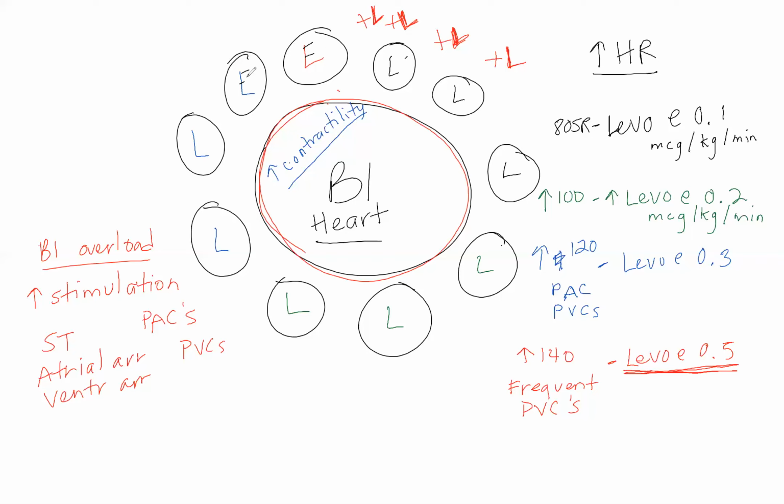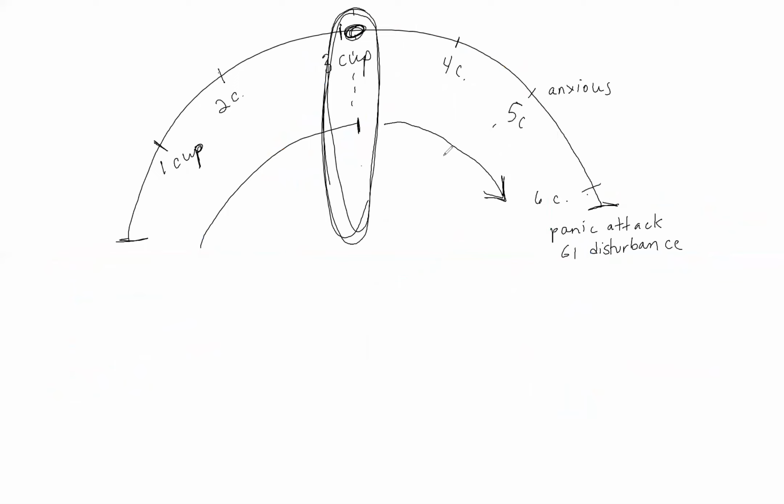The beta 1 receptor doesn't necessarily care which medicine is stimulating it. It's just the fact that it's being stimulated that it reads. So finding that sweet spot between enough stimulation, but not too much stimulation, is really the goal of a lot of our receptor-based drugs that we're looking at when we talk about titrating.